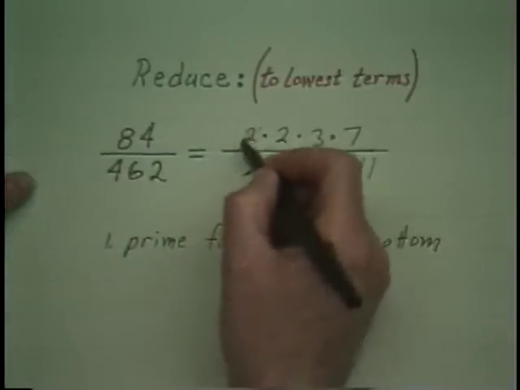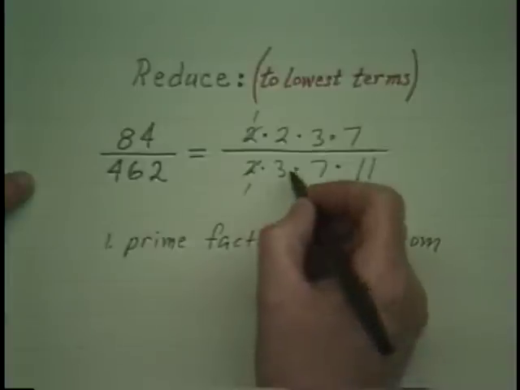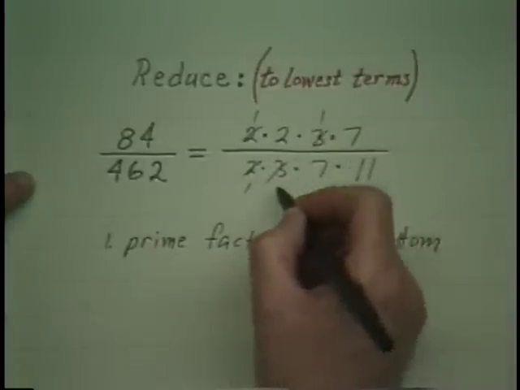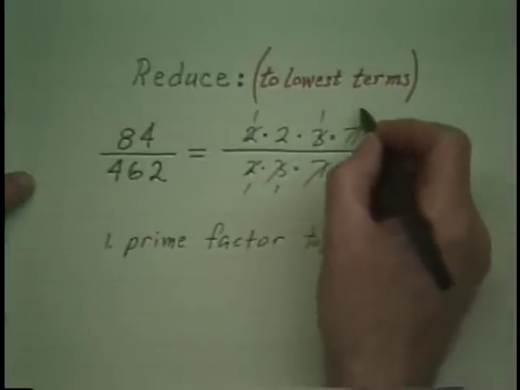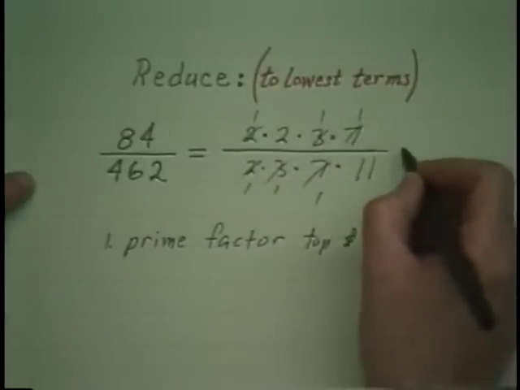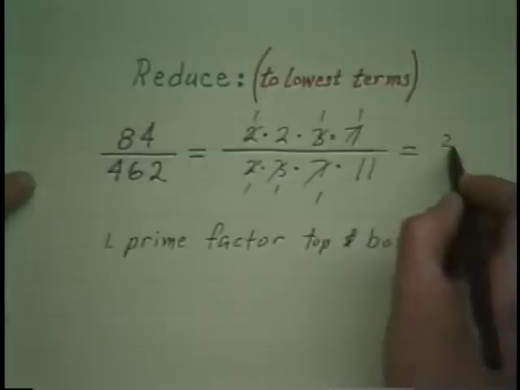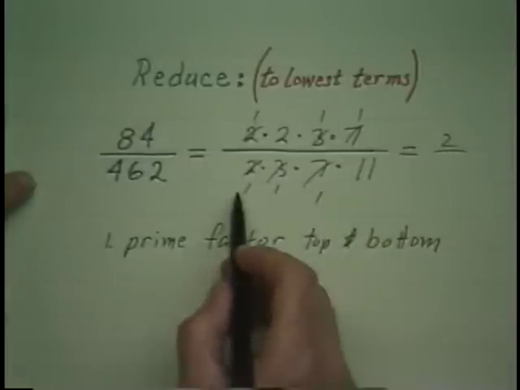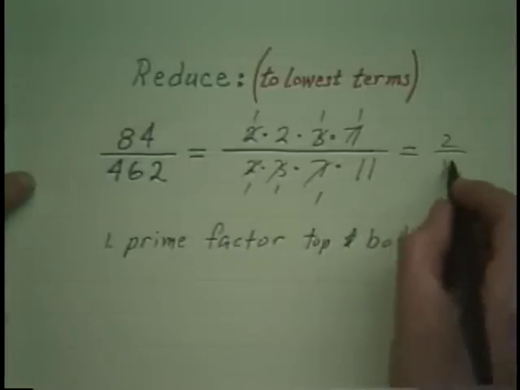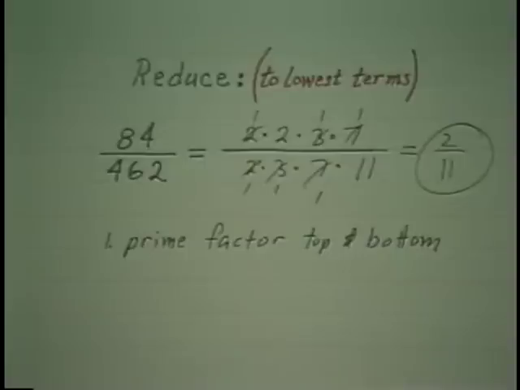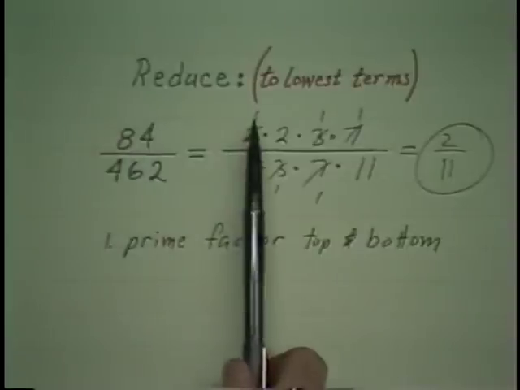Now we can look at these smaller numbers to catch the divisors much easier than we can the larger. We can see that 2 goes into both of those. 3 goes into both of those. 7 goes into both of those. Until finally all I have is 1 times 2 times 1 times 1, and 11 times a series of 1s. So that reduces very quickly to 2/11. Sometimes after we reduced halfway, we don't know whether it's reduced all the way.